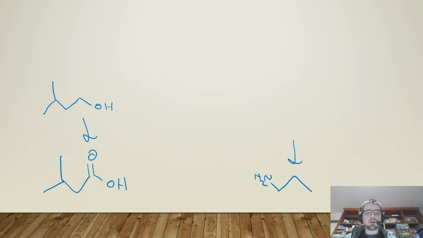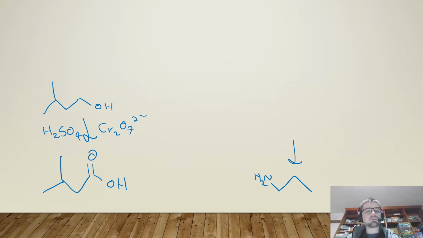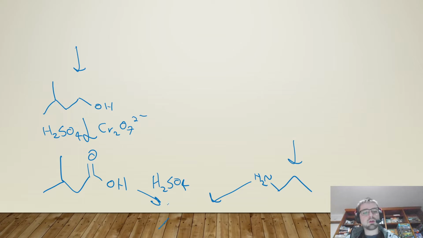Now to go from the alcohol to the carboxylic acid, we would need to use dichromate, and we would need to use some acid. So I'll put those on there. And then I should probably put the final product in here as well. That is actually an important part of the reaction.